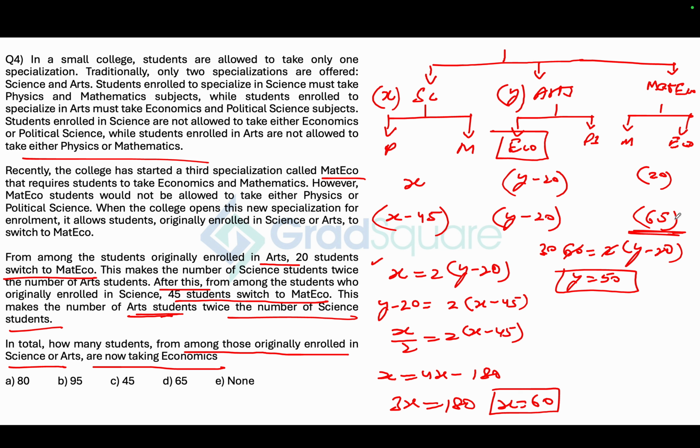So the new set of students are 65 who are taking economics in the MatEco specialization, and there are Y minus 20 students who are still taking economics in arts, right? And Y was 50. So 50 minus 20 will turn out to be 30, and the answer turns out to be 95. Option B, 95 will be the answer for this question.